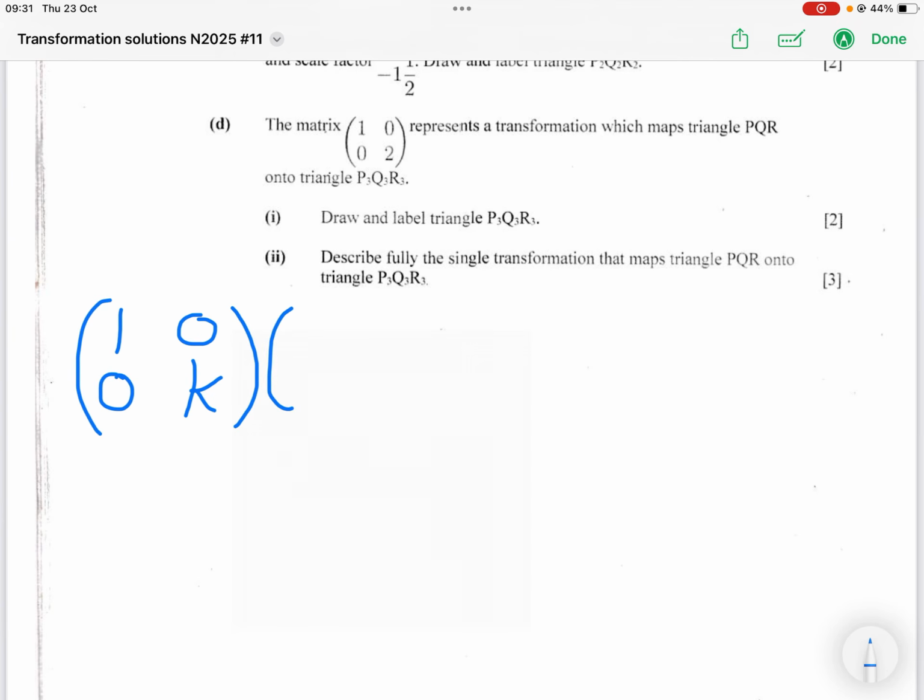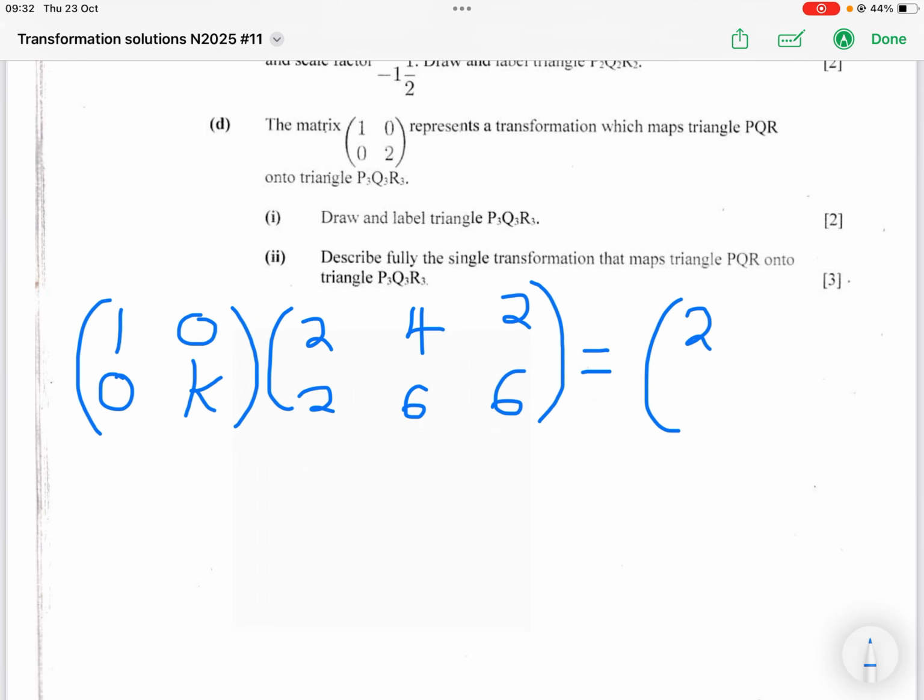So we write the coordinates of the object. We have (2, 2), (4, 6) and (2, 6). These are the coordinates of the object, and we managed to get the coordinates of the image as (2, 4), (4, 12) and (2, 12).